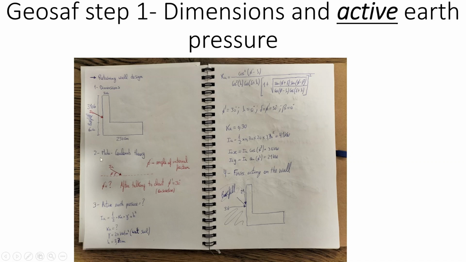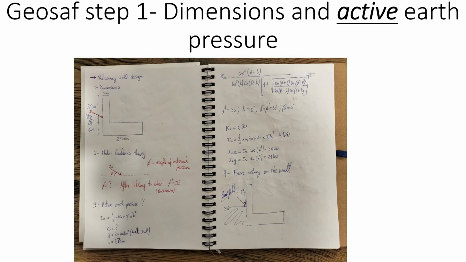I used Coulomb theory to calculate the active earth pressure. After talking to the client and getting to know what was the work done before, we could conclude that the internal friction angle was conservatively 30 degrees.